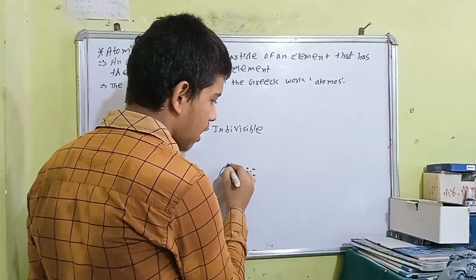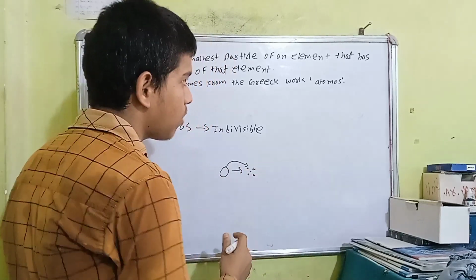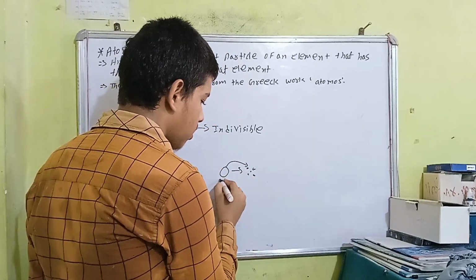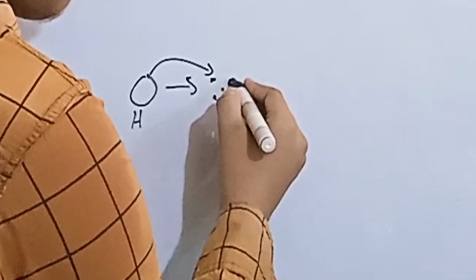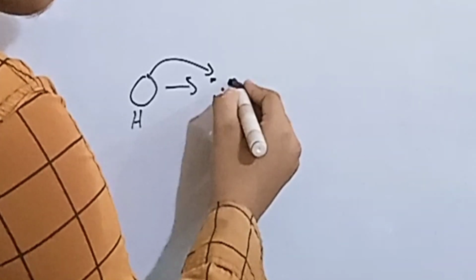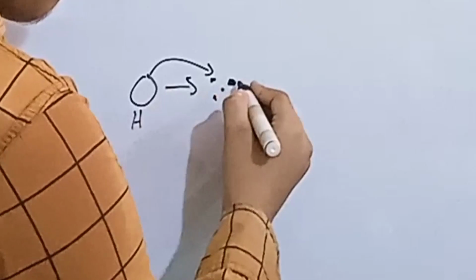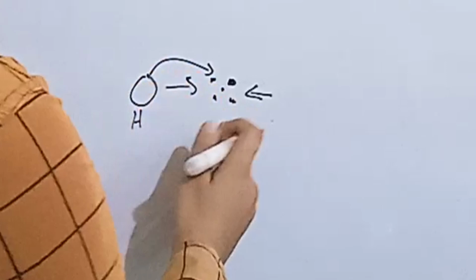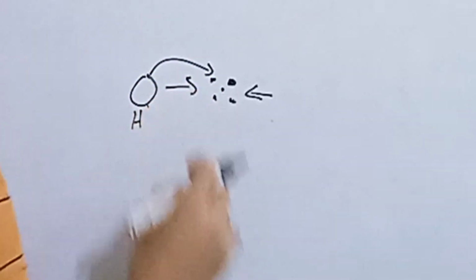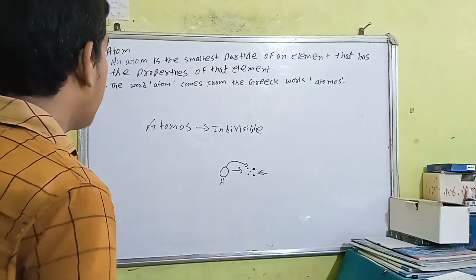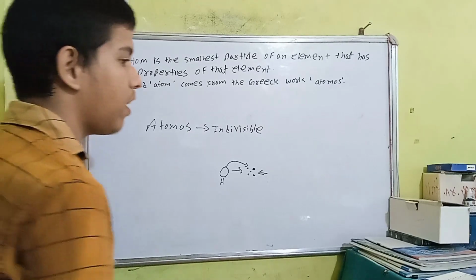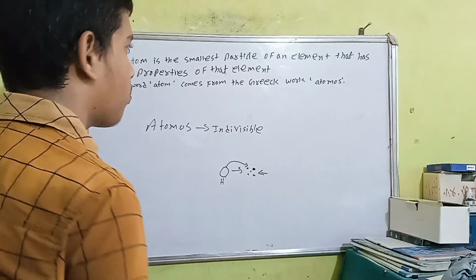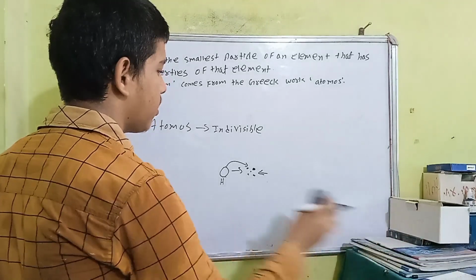So these are atoms, and these atoms also have the same property of this element. Like this is hydrogen, so these are atoms of hydrogen. So the atoms of hydrogen will also have the same property as hydrogen, right?